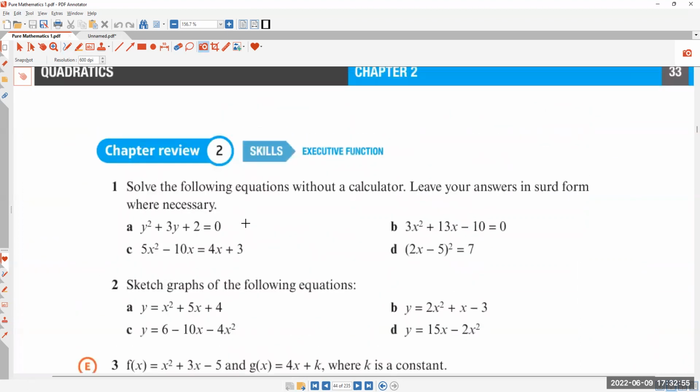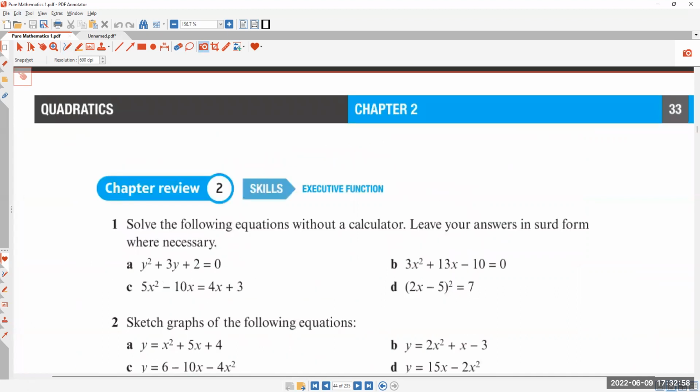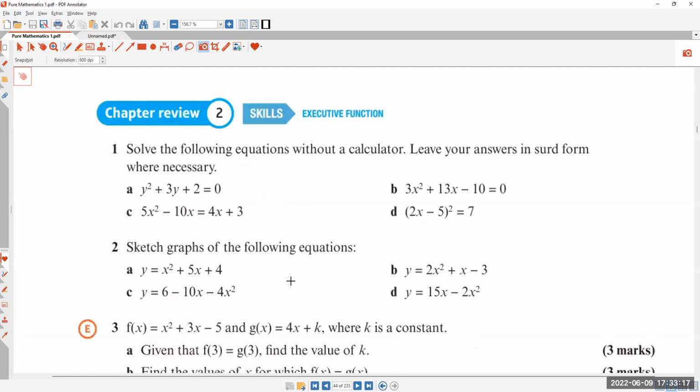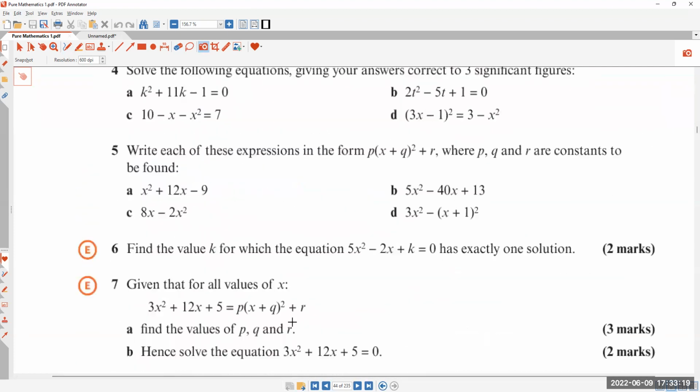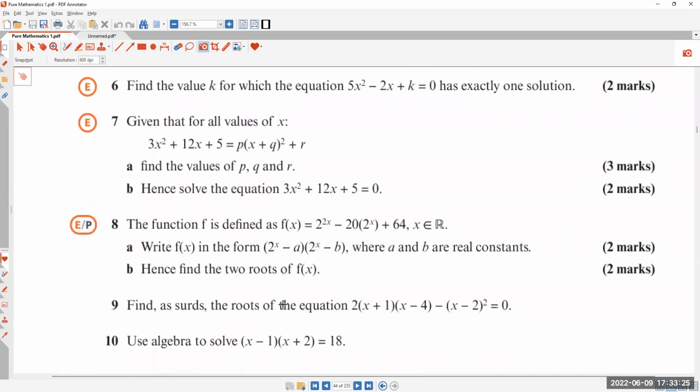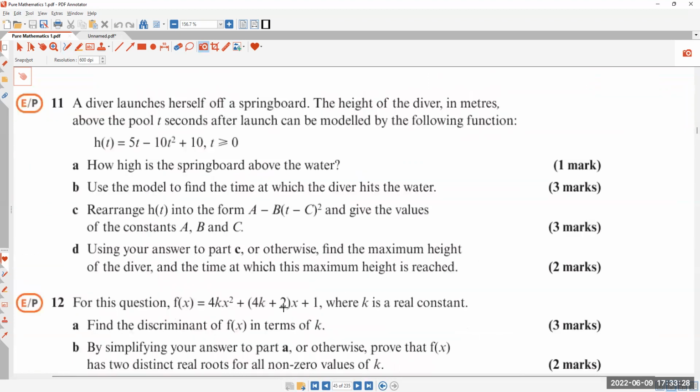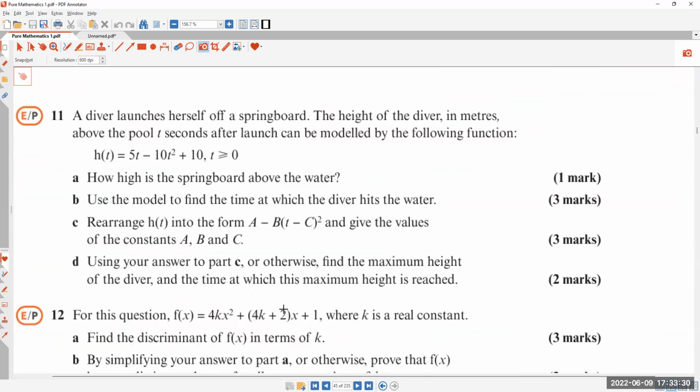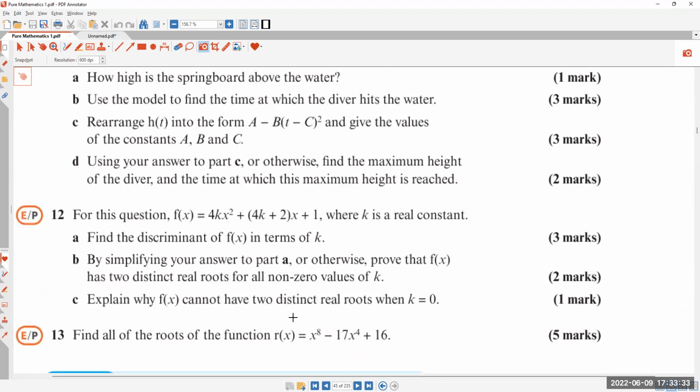Chapter 2, chapter review 2, page number 33, P1. Questions number 3, 6, 7, 8, and 11.